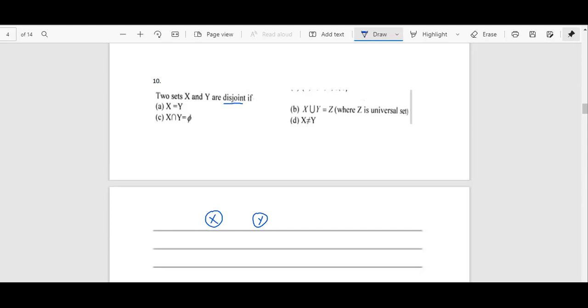So this nothing implies that the set which we are going to get as a result of their intersection would be the null set or the empty set. So C is the answer. This is how we define disjoint sets: the intersection is empty, the intersection is null. So C would be the answer.